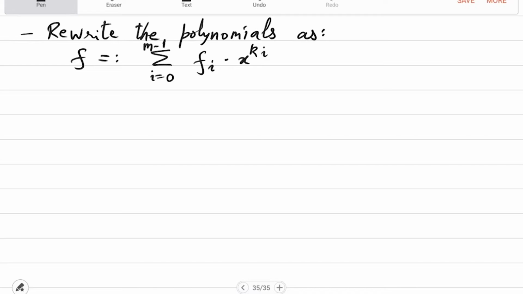You are looking at monomials which are powers of x to the k, where k is around square root L. And then what will the fi be? The fi's will be polynomials in x themselves, not constants, of degree at most k minus 1.